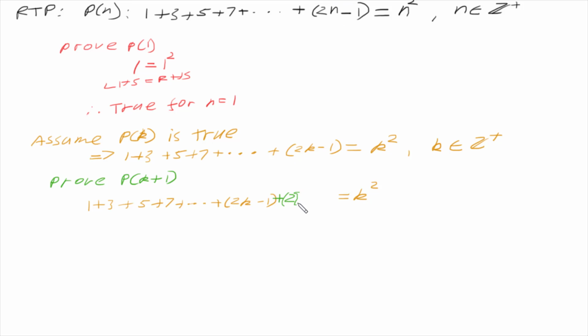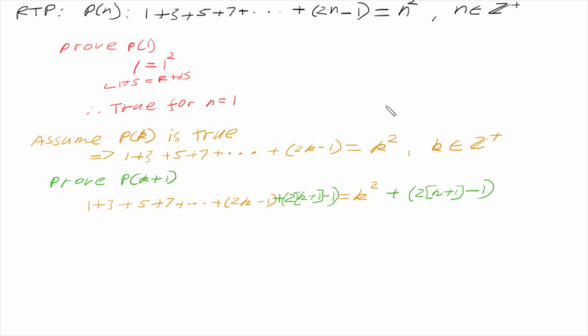So we have 2 times (k plus 1) minus 1. And because I've added this term to the left-hand side, I've also got to add it to the right-hand side. So I'm going to add on 2(k plus 1) minus 1. Now I need to make this look like what this would be for k plus 1.